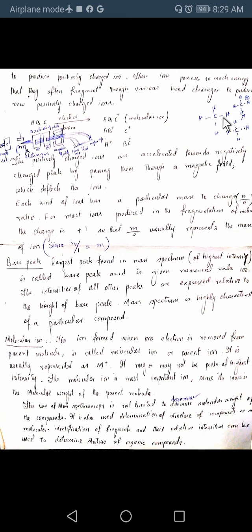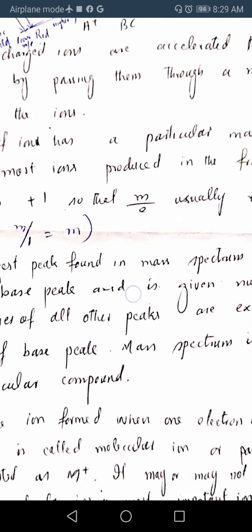This is methane, CH4, the structural formula of CH4. Here this is the electronic structure.